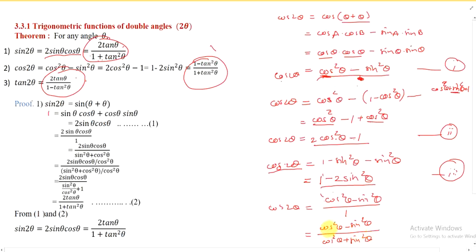Okay, now if we divide both numerator and denominator by cos square theta, then we will have our appropriate result, that is 1 minus tan square theta upon 1 plus tan square theta, and you can do it. It is too easy to do this one. Okay, now we will see the result for tan of 2 theta in the next slide.